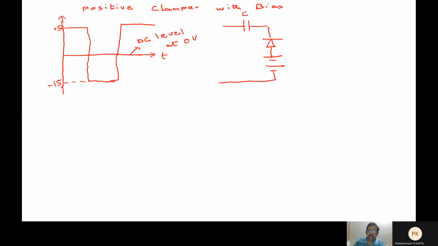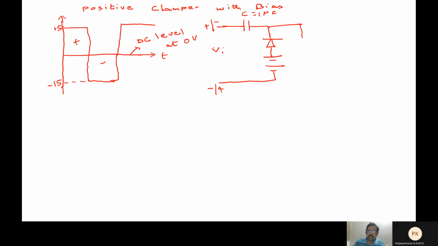This is my capacitor whose value is given as 1 microfarad. This is my diode and the input signal Vi is supplied over here, and the Vi is a square wave with a positive half cycle and negative half cycle. So it alternates between positive and negative.